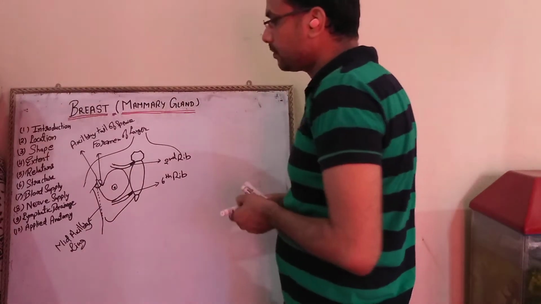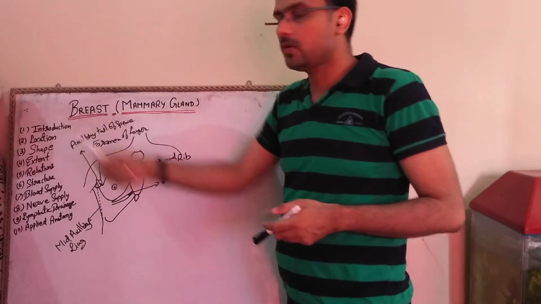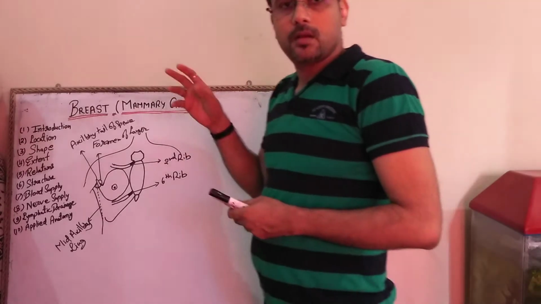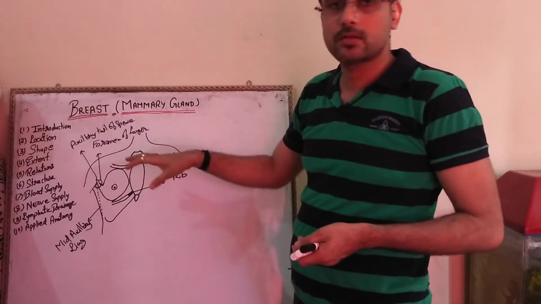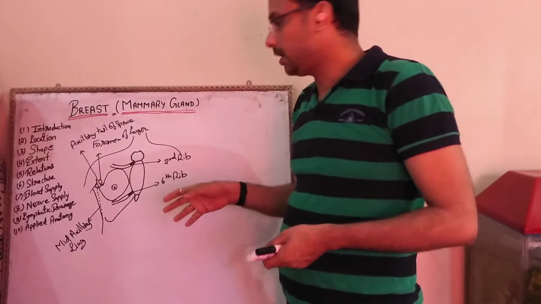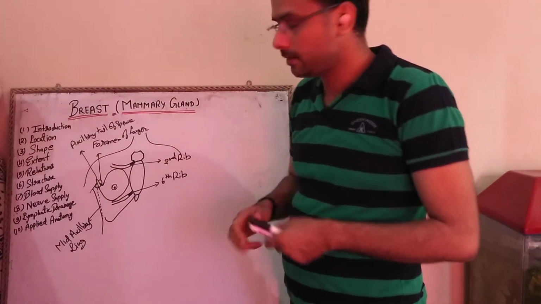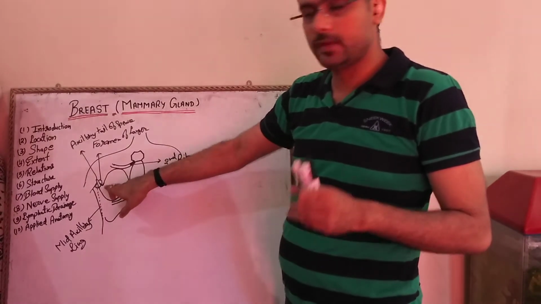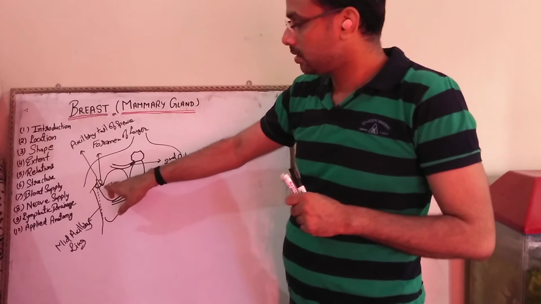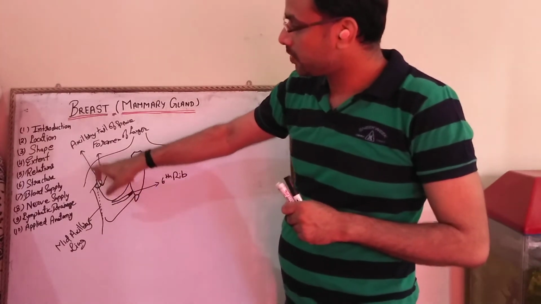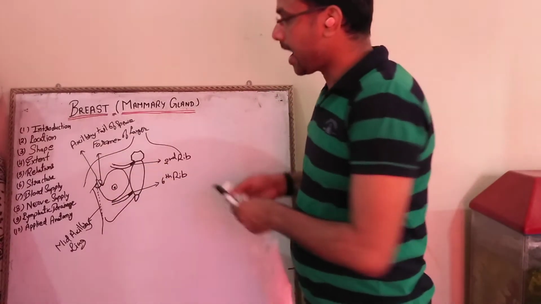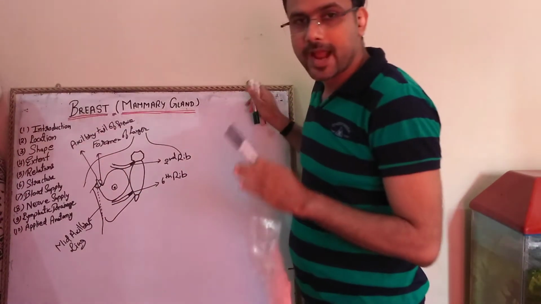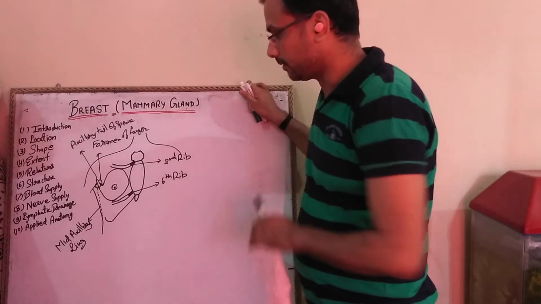Okay, now we will discuss the location. The breast is located in the superficial fascia of the pectoral region, and at the superolateral part of the breast you can see a conical projection known as the axillary tail of Spence.